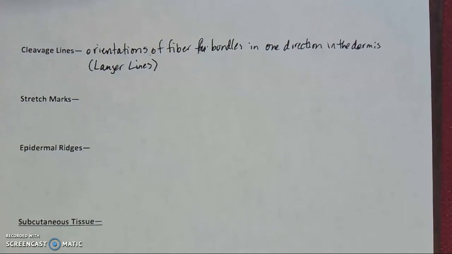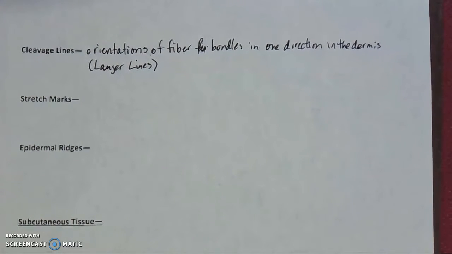And surgeons use these lines in order to make cuts in the body a lot of the times to help minimize scarring. So they will follow a general outline because if you cut across these lines, you can get puckering of the scar. Especially in plastic surgery, they use these lines. So it helps minimize any scarring if you do have to cut. So you can look at this picture on your own. It is a drawing, it is not an actual picture.